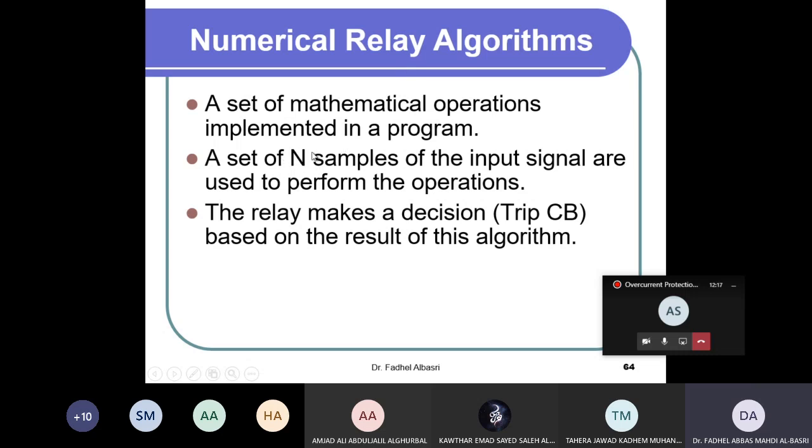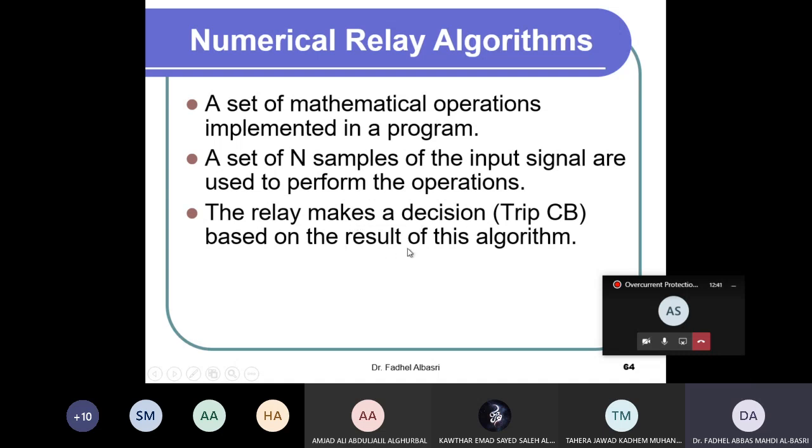I need to have a set of n samples from the input signal in order to perform the operation required to estimate the voltage magnitude, for example. Once I estimate the voltage magnitude or current magnitude, then I can decide whether this is a fault condition or not by doing a comparison.